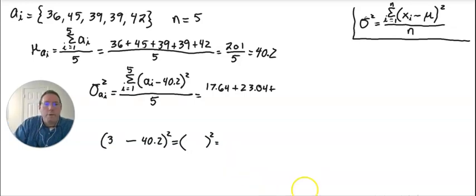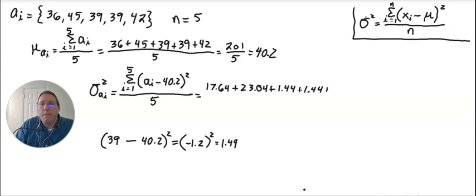All right, so now we're going to do 39 minus 40.2, and we get negative 1.2. And then when we square that, we get 1.44. And so then this is going to be plus 1.44 plus, then the next one is also 39, so we're going to have another 1.44, and we only have one left to get.